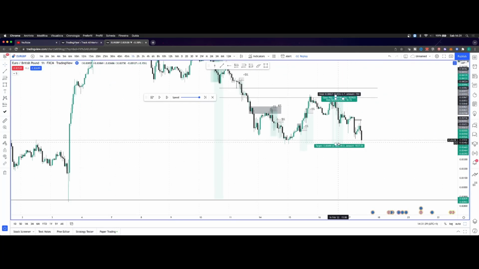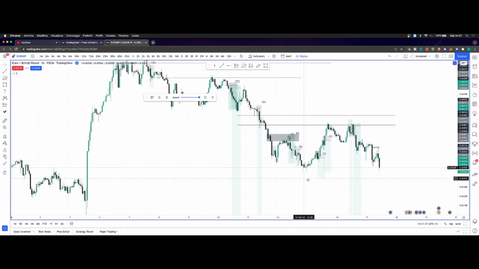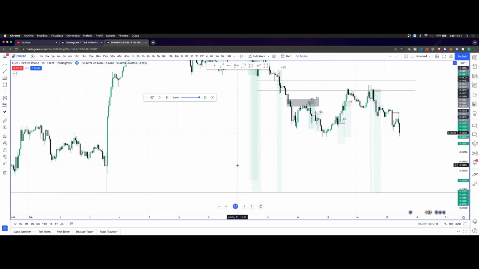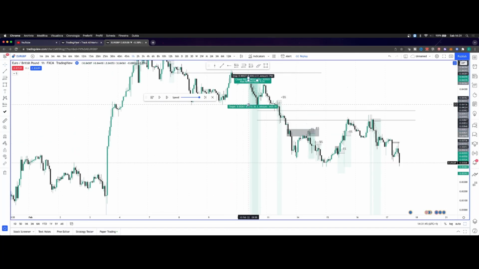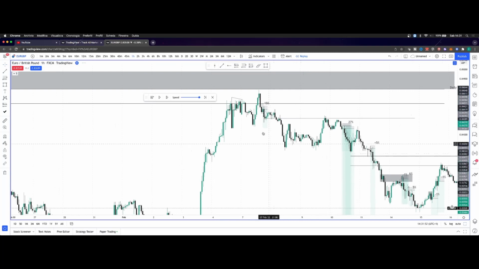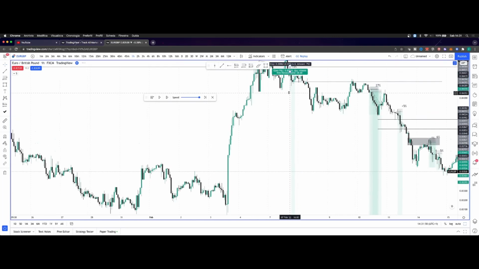Okay. Again, this level, this trade. Look. That's impressive, guys. That's impressive. If you trade with the higher time frame flow, with the higher time frame bias, this is potentially what you can do.